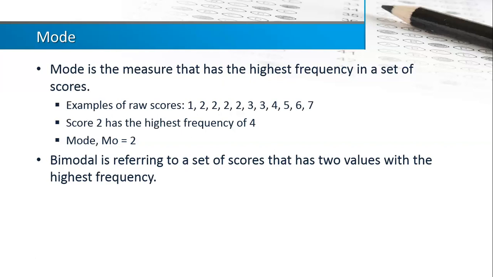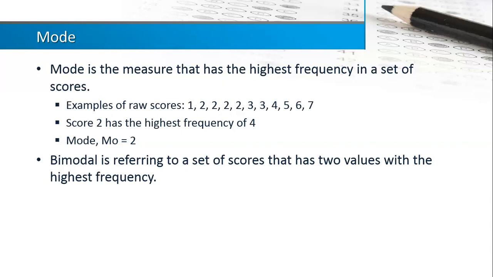Sometimes we can face a distribution of data with two modes. We call this bimodal, which refers to a set of scores that have two values with the highest frequency.